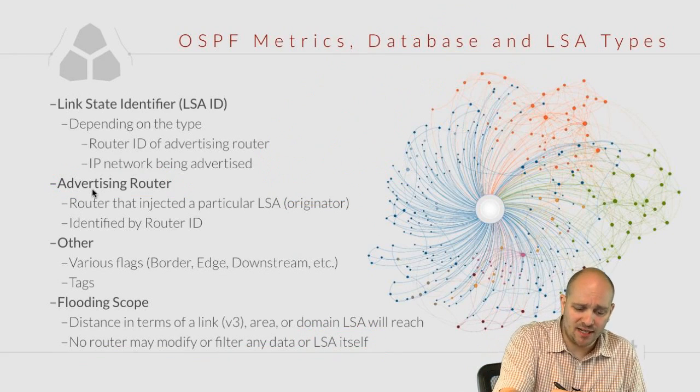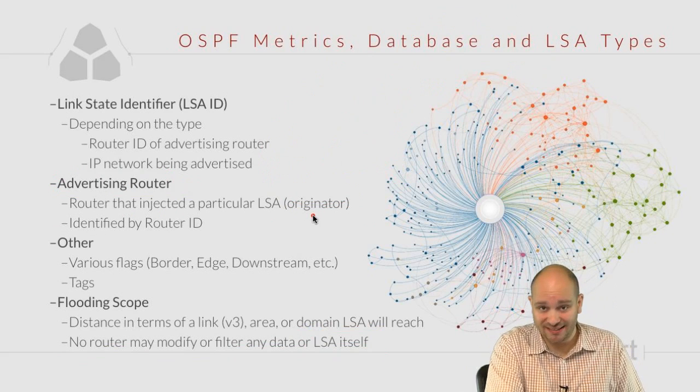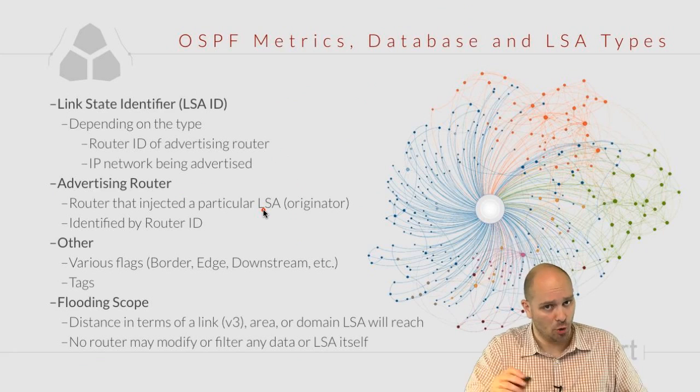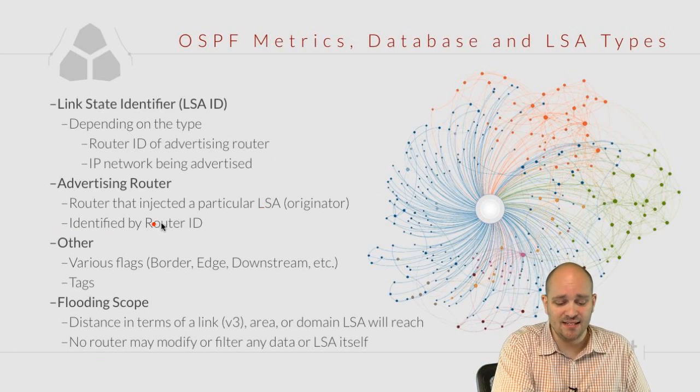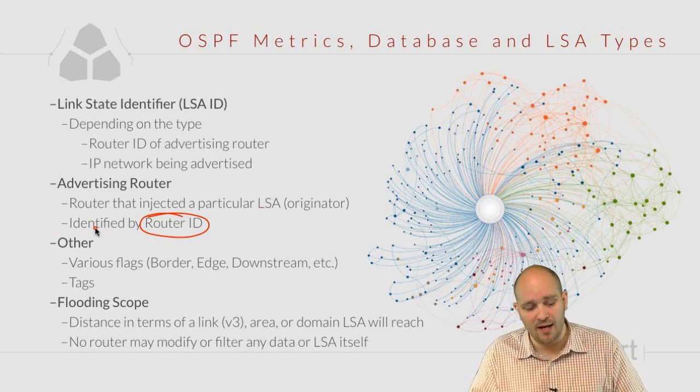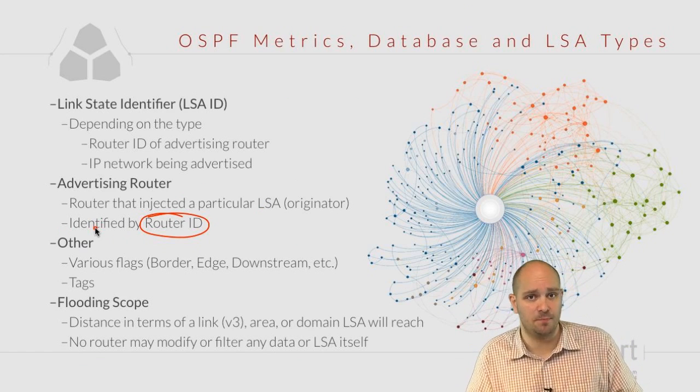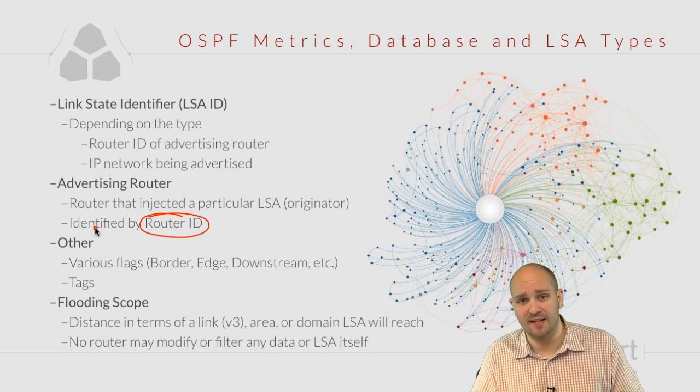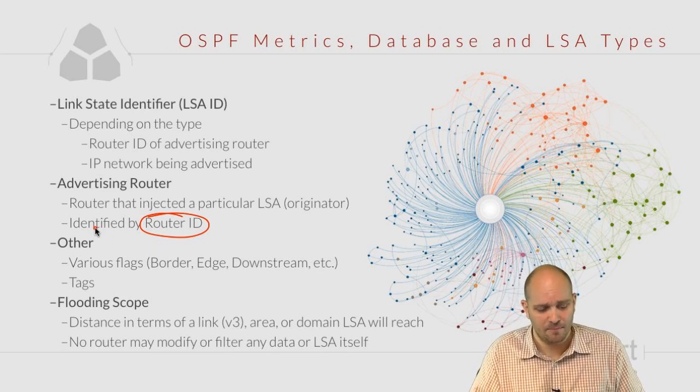So the advertising router is the router that injects the LSA, and as I said, this information is kept throughout the flooding scope of the LSA. The advertising router in the LSA will be identified not with its IP address, but with its router ID.